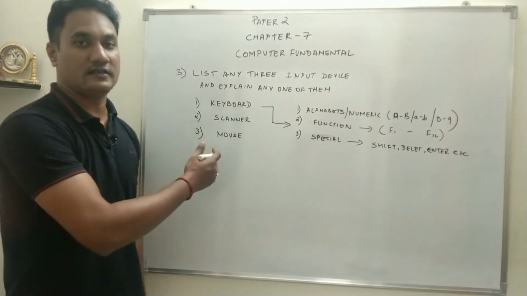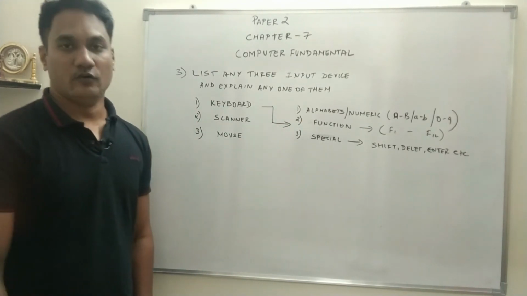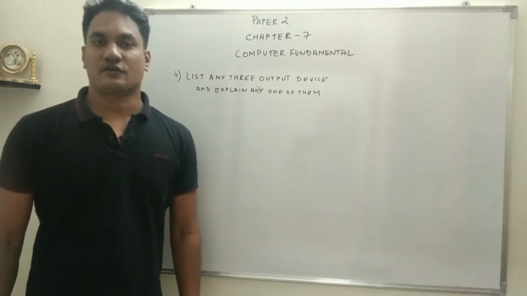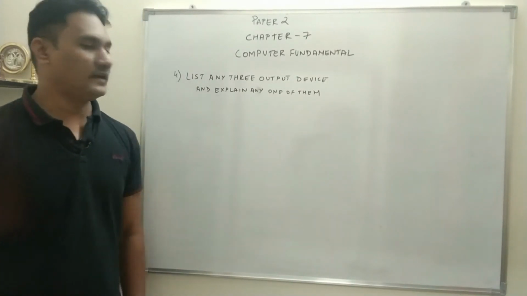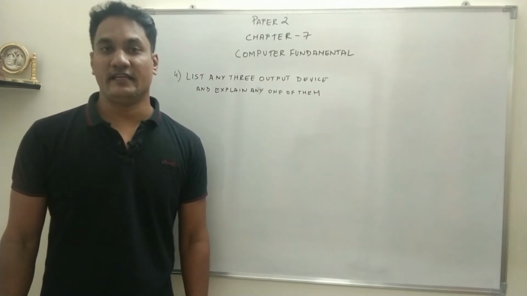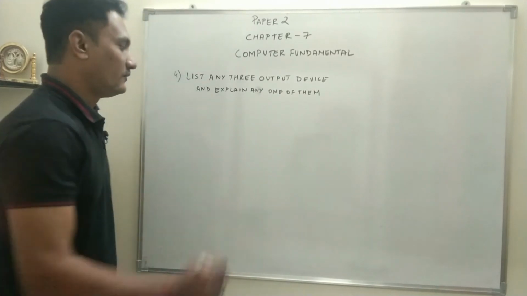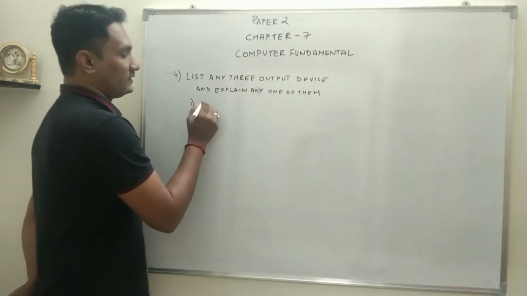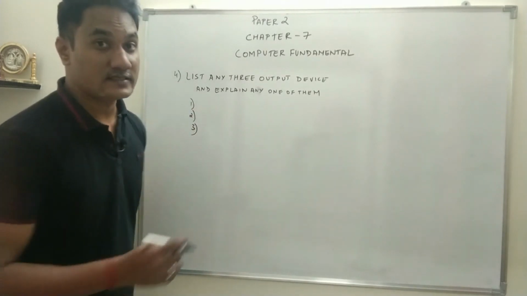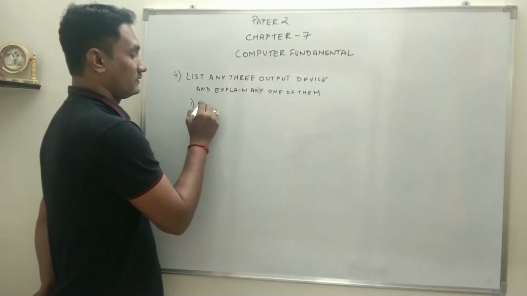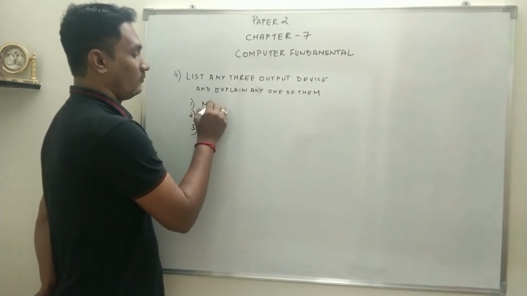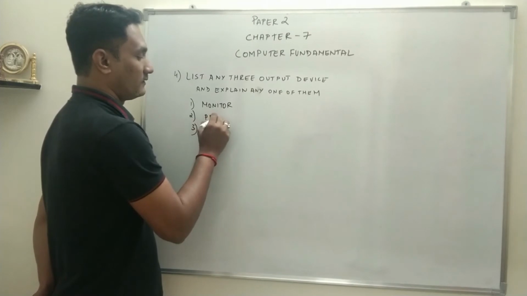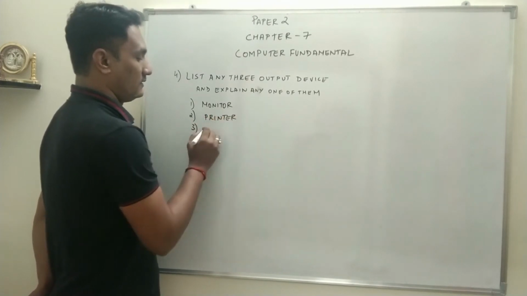You will list the 3 input devices and explain the keyboard, and you get the notes from the book. The next question is: list any 3 output devices and explain any one of them. So you have to list 3 output devices like the previous question. The 3 output devices, of course, are monitor, printer, speaker.